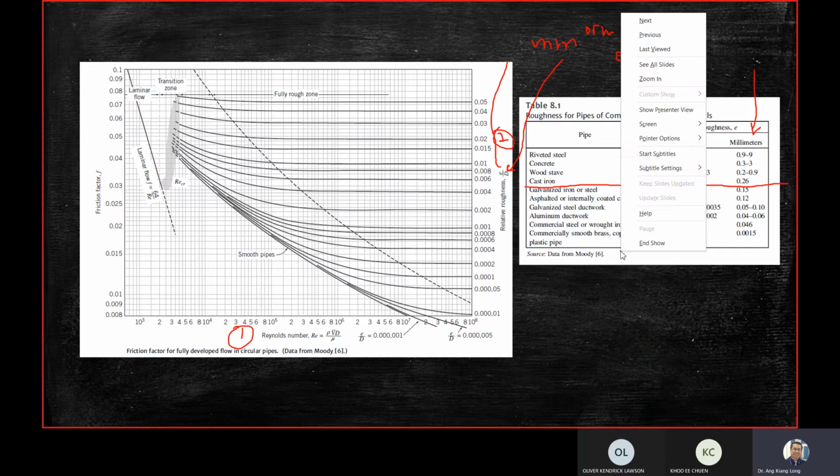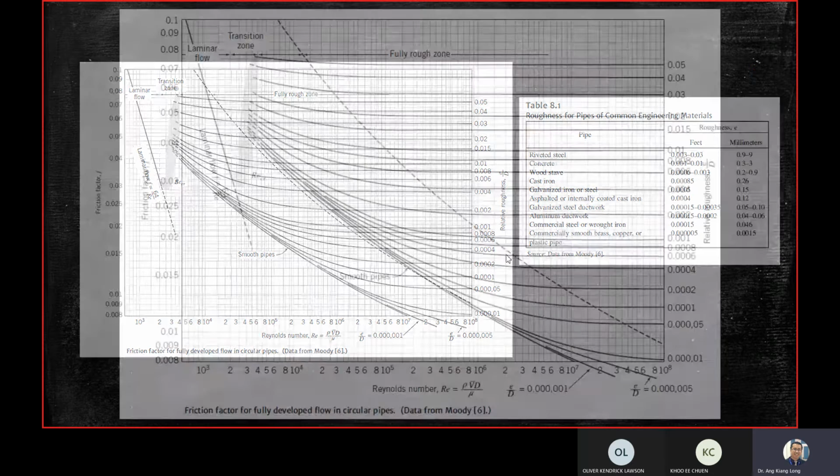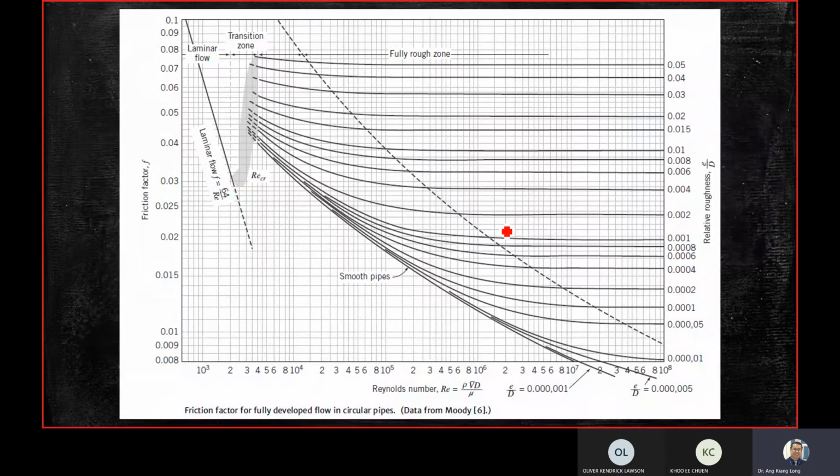Let me do some marking. I enlarge the graph. First, let's say you find the Reynolds number, I draw it with a line. Second, you go to the right-hand side and calculate the roughness. Let's say we get a roughness of 0.002.